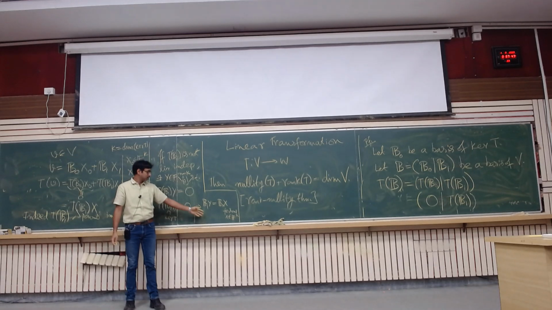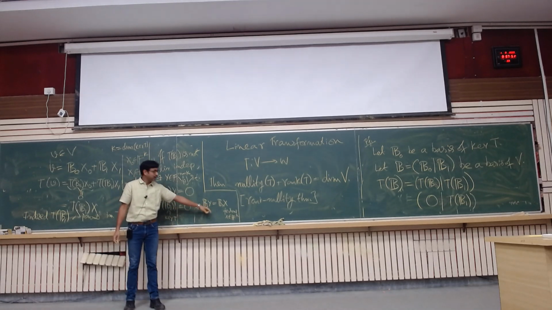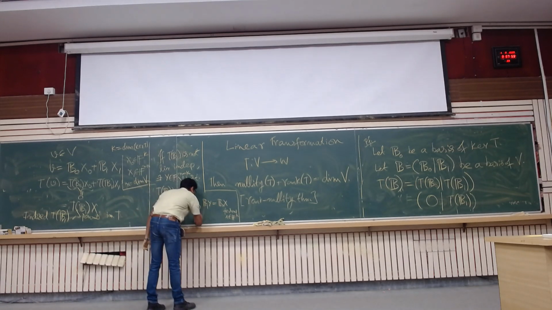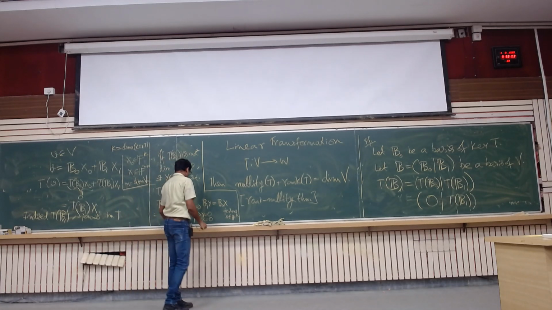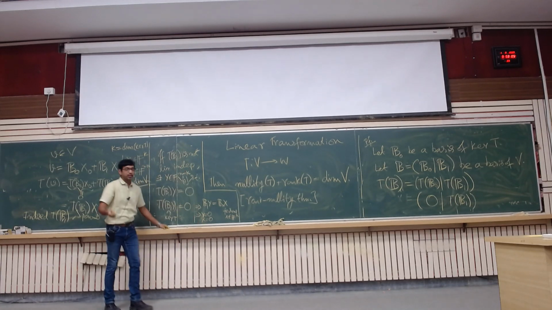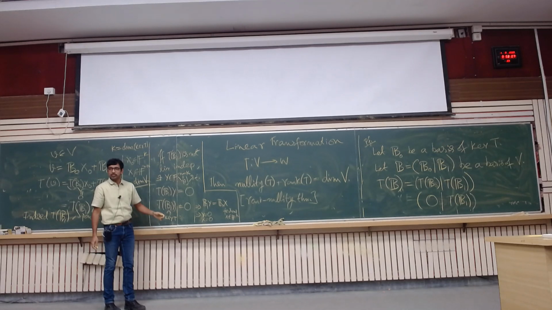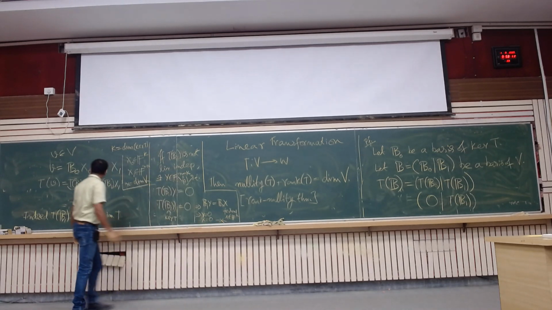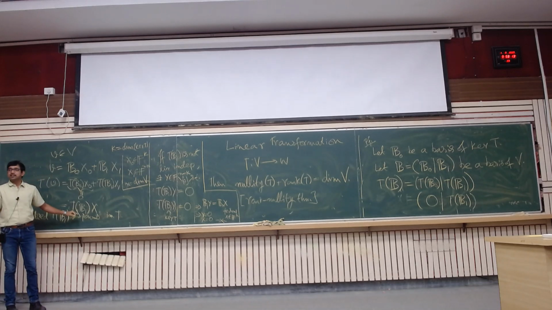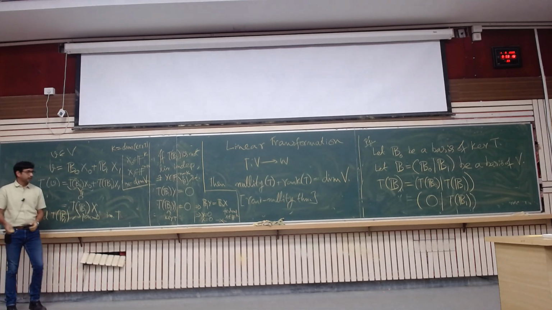In other words, all the coefficients should be 0. So this is not true unless both y and x are 0. So that implies y equals 0 and x equals 0 as well in the corresponding spaces. So that's a contradiction because we assumed that y is non-zero. In other words, we see that TB1 is indeed linearly independent, right?